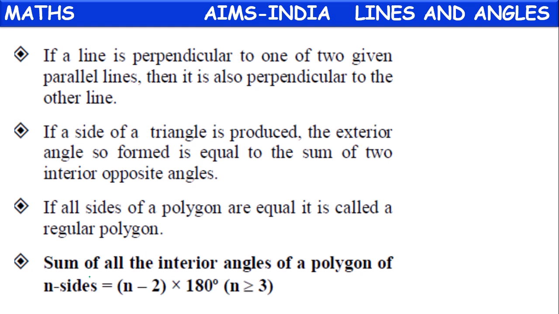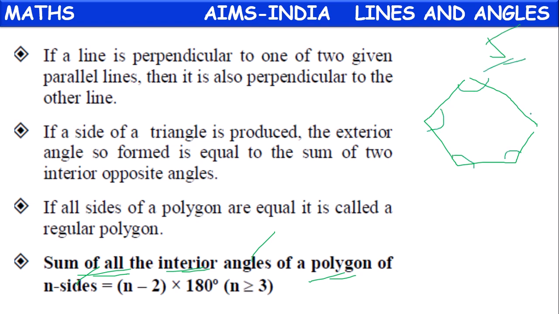Next, the sum of all the interior angles of a polygon of n sides. Here we have 5 sides. Now the question is, what is the sum of all the angles? We know for a triangle it is 180 degrees, for a quadrilateral it is 360 degrees.